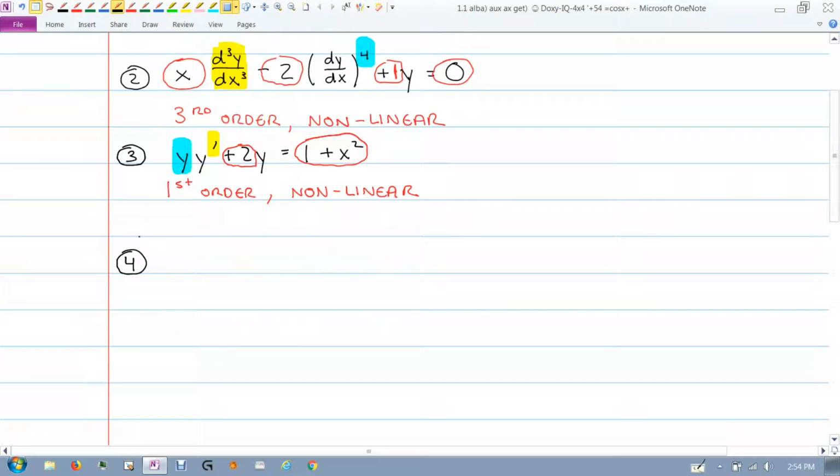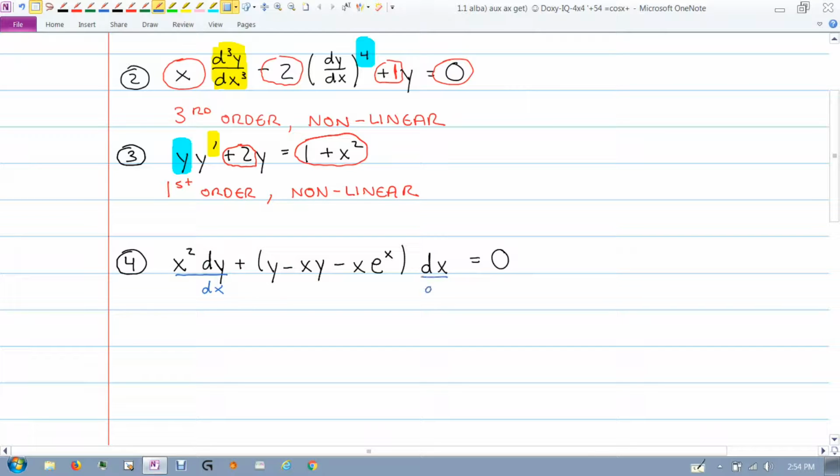So for 4, we have x squared dy plus, and then in parentheses, y minus xy minus x e to the x, dx equals 0. So what you can imagine doing here is if we could take every term and divide by dx.